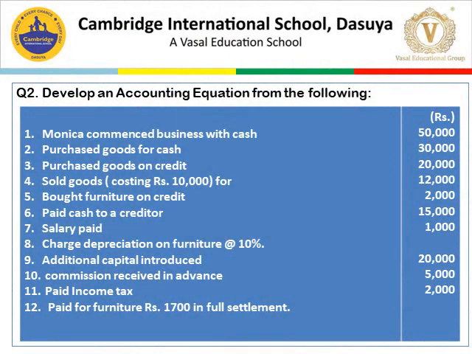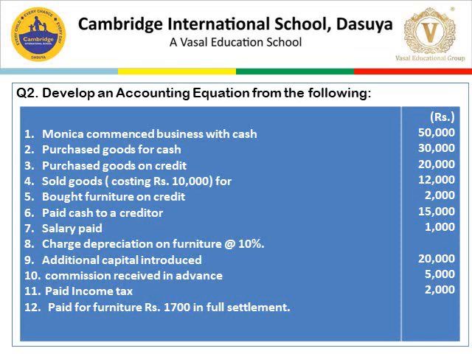Here is question number 2, by which we will learn how to practically do the accounting equation. The question says, develop an accounting equation from the following. Number 1, Monica commenced business with cash rupees 50,000. Second, purchased goods for cash 30,000.